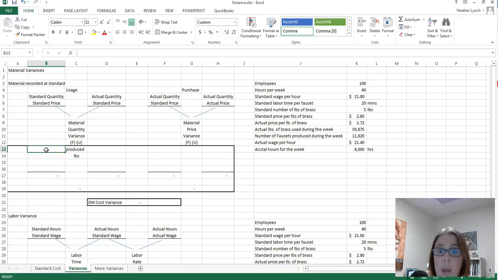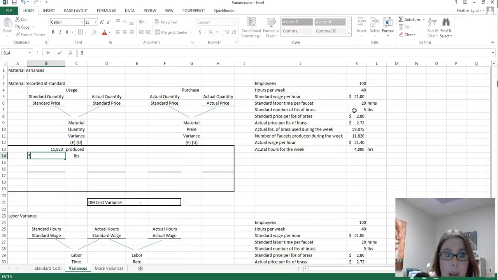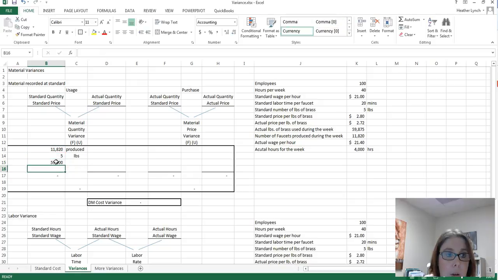During the week, we produced 11,820 faucets. If you remember, it takes 5 pounds per faucet, right? So I take my 11,820 times my 5 pounds.